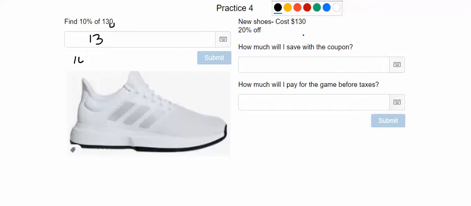If 10% is $13, what would 20% be? Wouldn't you just double that? Because if I went from 10% to 20%, I would multiply by 2. So 20% means it's going to be $26. That's my savings.